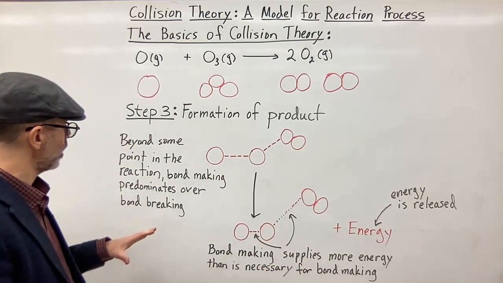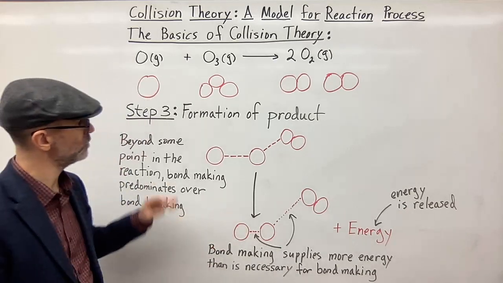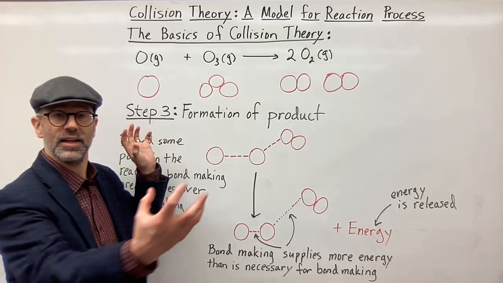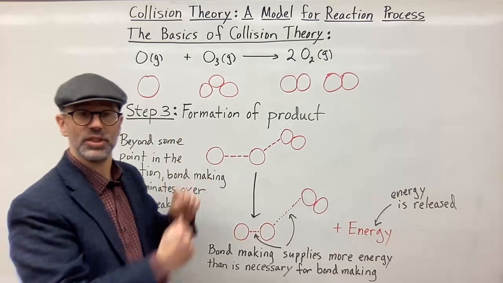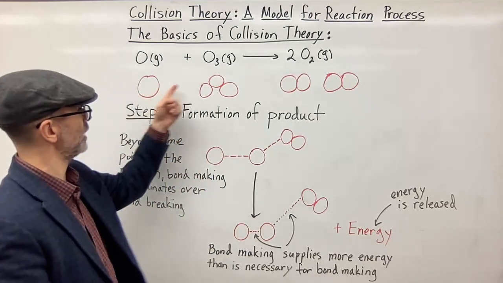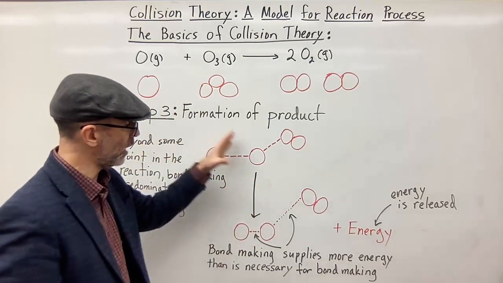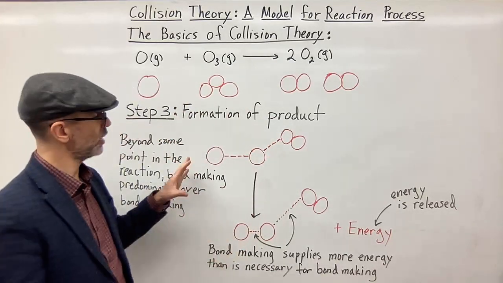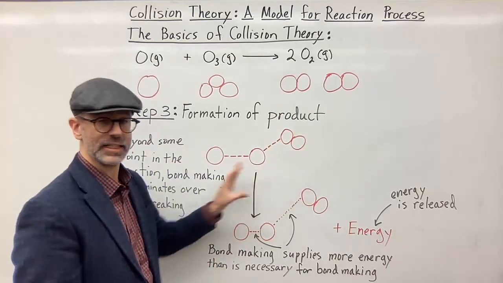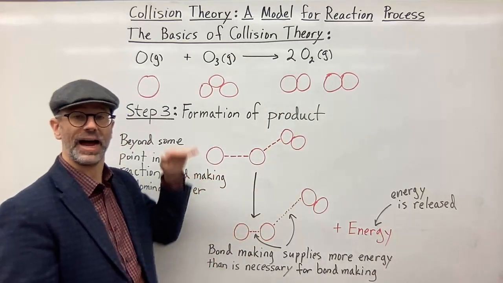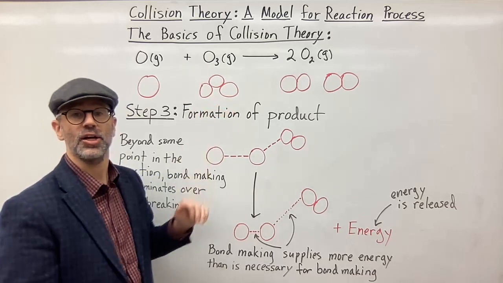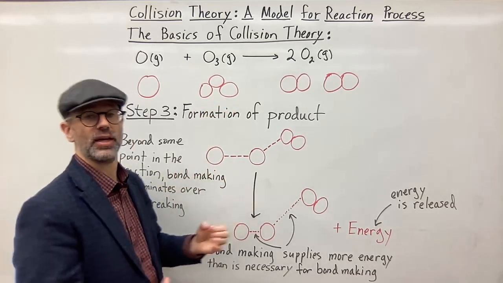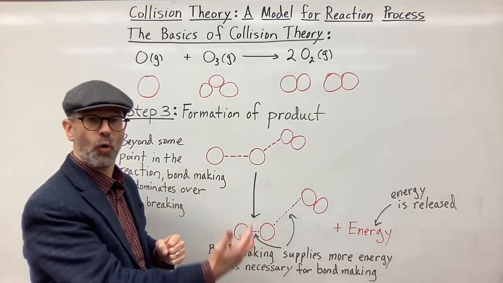And so those are the 3 steps. So remember, step 1, the reactants are colliding with each other. The bond is starting to form. This bond is starting to break. And then you get to the next step, which is the activated complex, where you're at the highest energy peak. You're at the most unstable point. The bonds being broken is equal to bonds being formed.